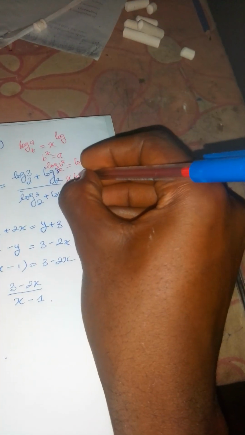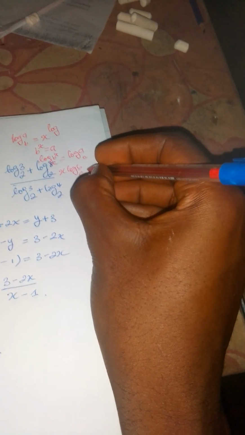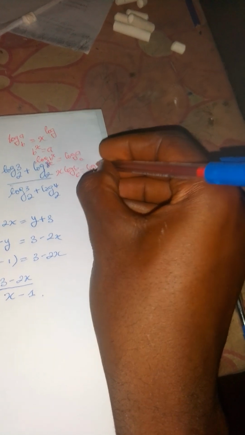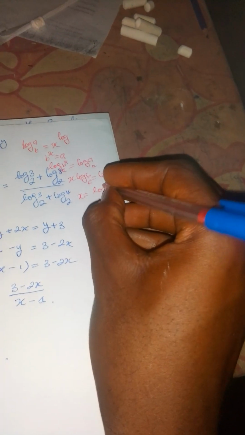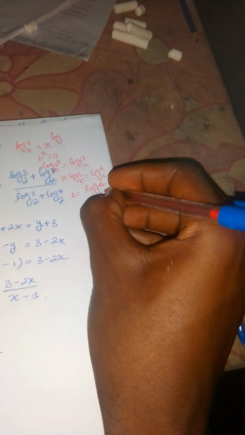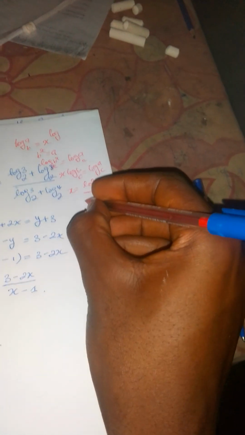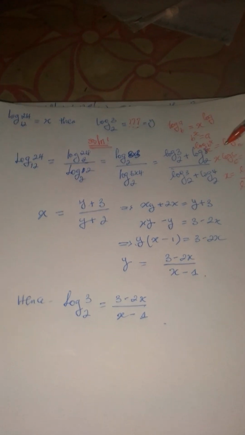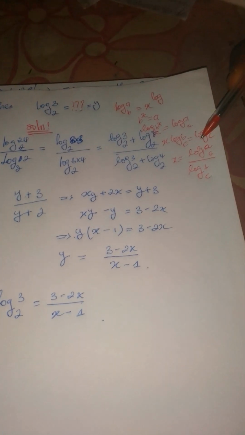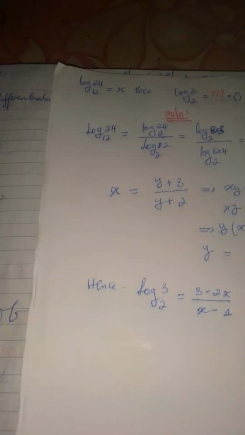So I have x log b base c equals log a base c. So x equals log a base c divided by log b base c. That's the property we use when we are doing change of base.